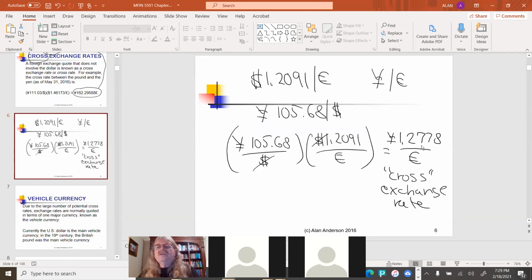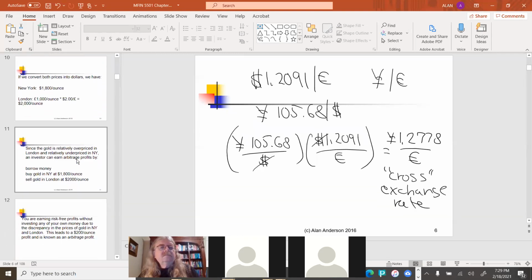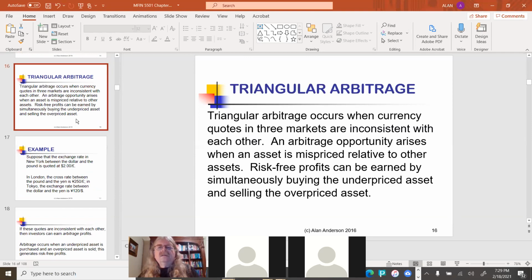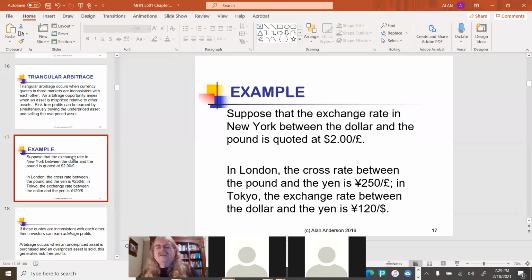In other words, if this cross exchange rate is, let's say, $1.20 or $1.30, that means there's a problem. There's going to be an arbitrage opportunity because something's not right. But we have to figure out how to take advantage of it. All right, so this is another example.